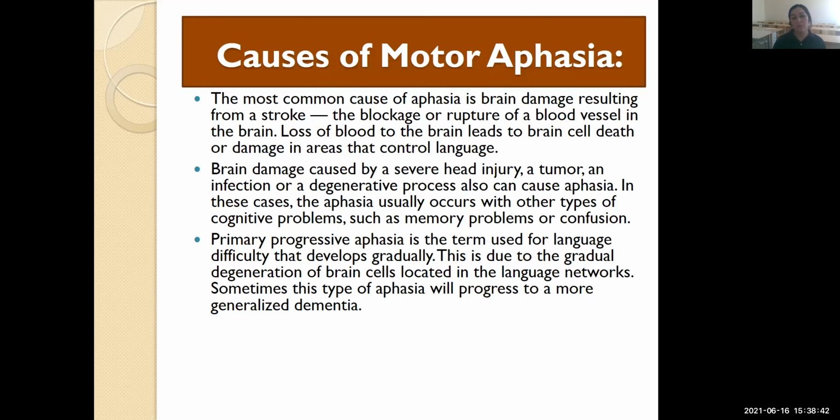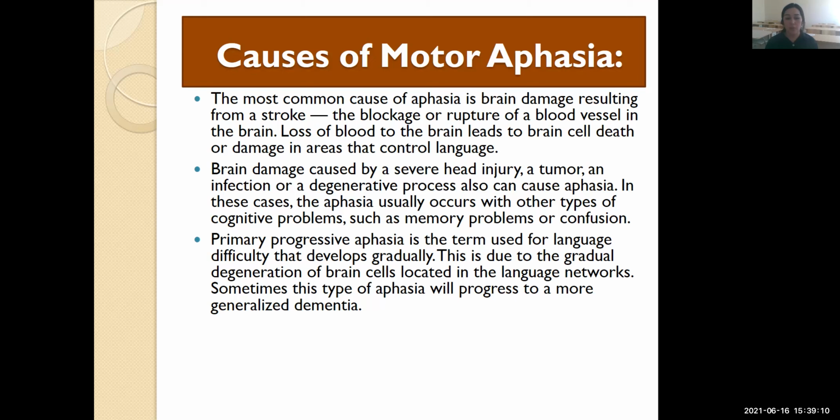So let's talk about the causes of motor aphasia. The most common cause of aphasia is brain damage resulting from a stroke, the blockage or rupture of a blood vessel in the brain. Loss of blood to the brain leads to brain cell death or damage in areas that control language.